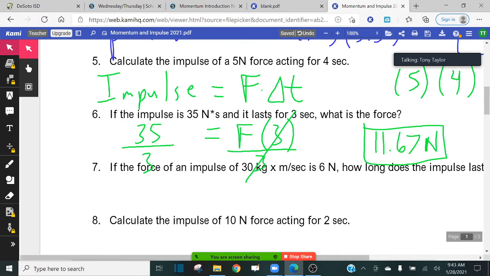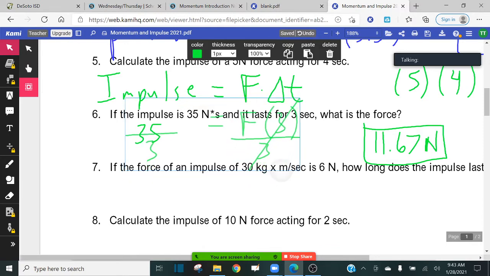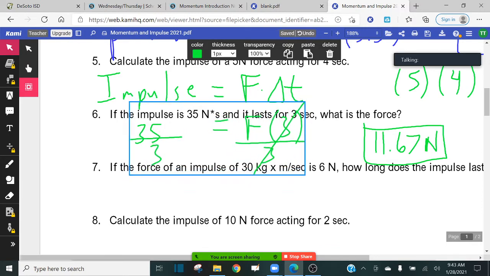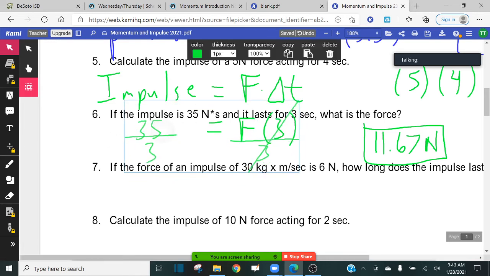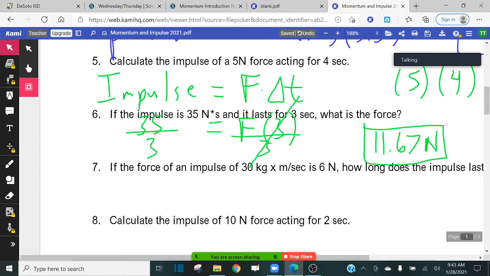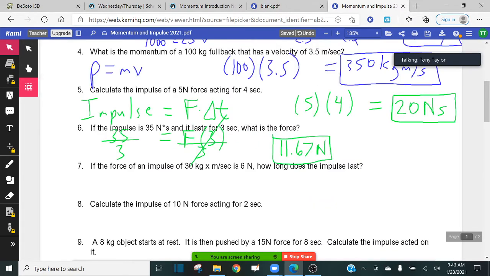All right. Let's keep going. Okay. So look at number 7. Number 7 says if the force of an impulse is 30 kilograms meters per second, is 6 newtons, how long does the impulse last?